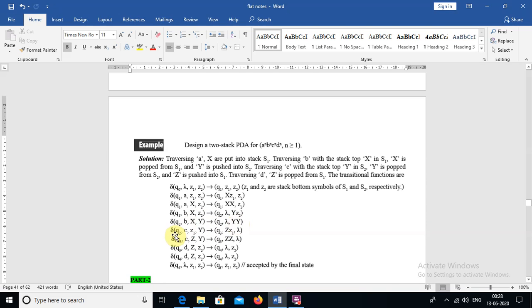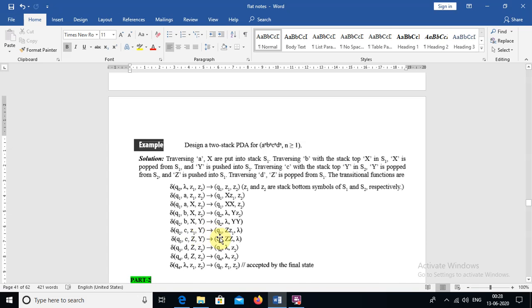Okay, so now you are in the Q2 state. You have a new input symbol C. Obviously we go for a state transition, and Z1 is the top stack symbol in S1, and Y is the stack symbol in S2.